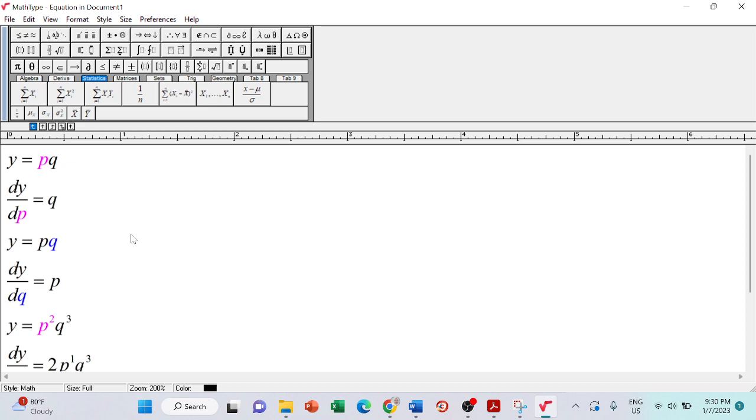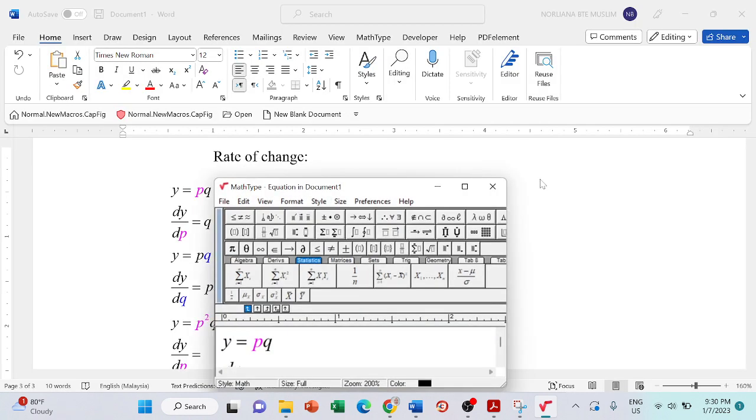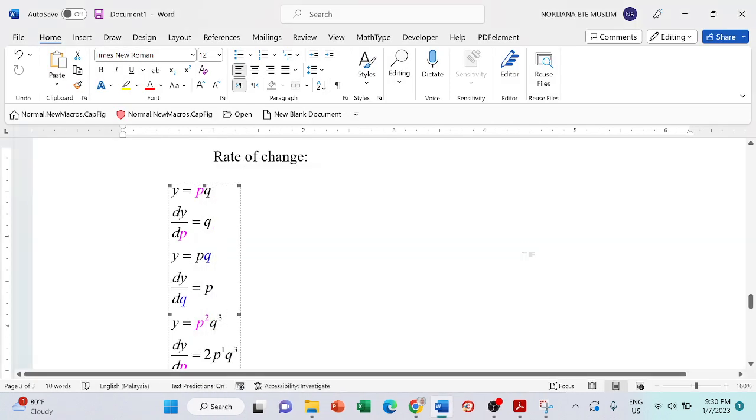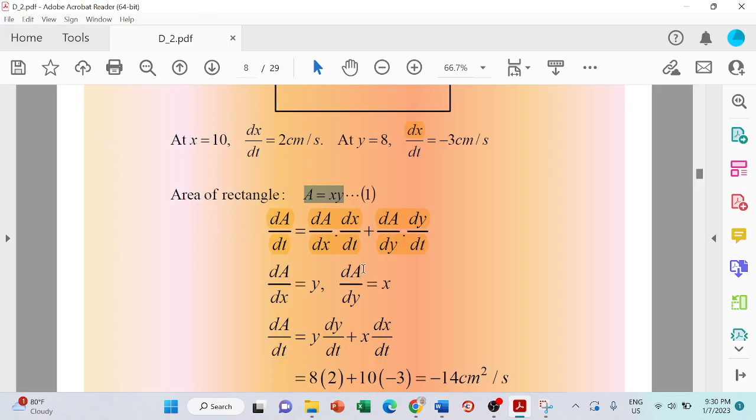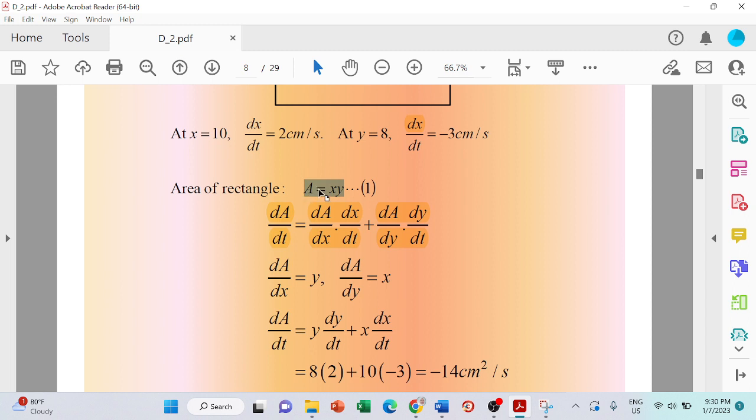Okay. See the difference. Okay, so sekarang ni kita nak buat lebih kurang sama dekat contoh this one. Dekat area tadi. Okay, area depends dekat X and Y lah. Tapi area ni kita boleh bezakan lah. Contoh macam ni, A adalah X equal to XY.